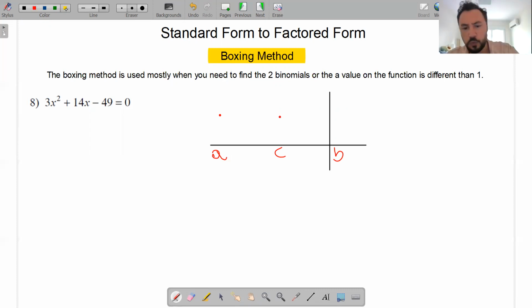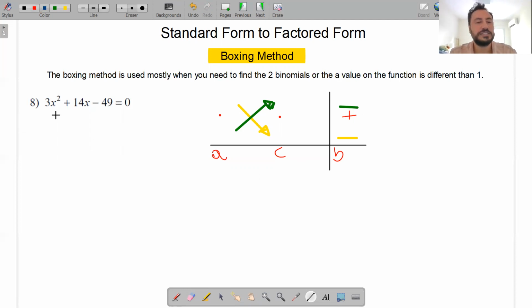Then we will cross multiply those values, and the result of this cross multiplication will be written here and here. If the addition of these two numbers gives you the result of b, then the order that you put the information is correct. Now, let's see what we're talking about.